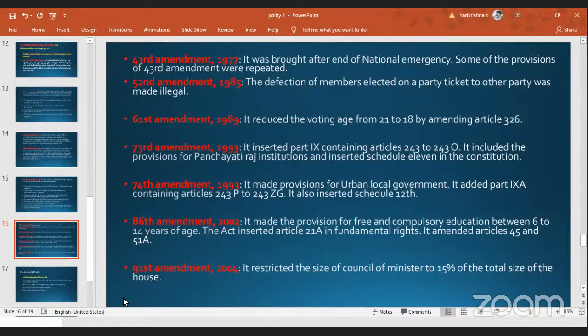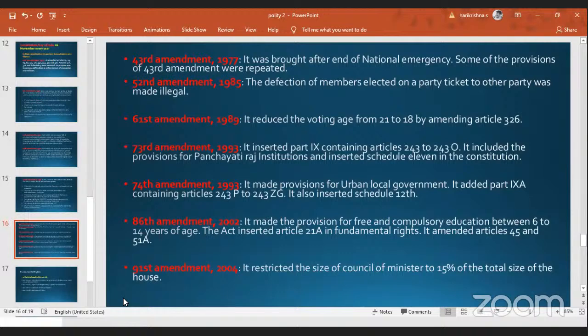The next is the 73rd Amendment 1993. It inserted Part 9 containing Articles 243 to 243O. That is, it included provisions for the Panchayati Raj in the Constitution and added the Eleventh Schedule. So in these provisions, there were some changes in the 73rd Amendment 1993.